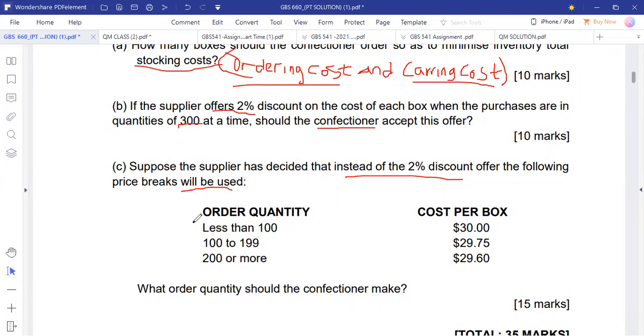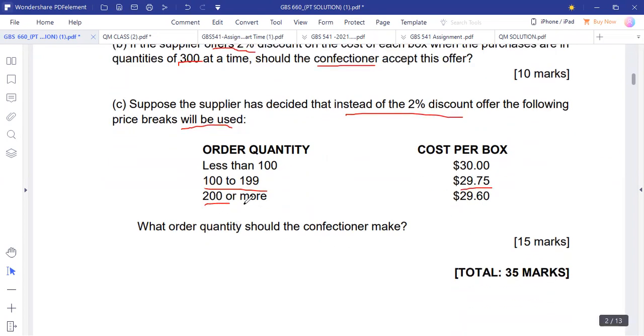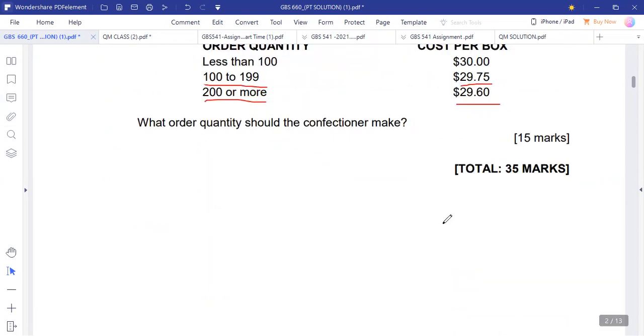When we order less than 100 boxes, the cost per box is $30. When we order 100 to 199, the cost per box is $29.75. When we order 200 or more, the cost per box is $29.60. So which order quantity should the confectioner make for part C?